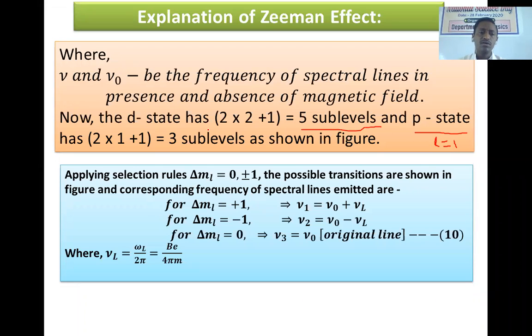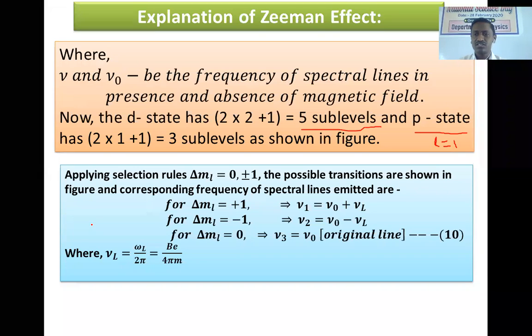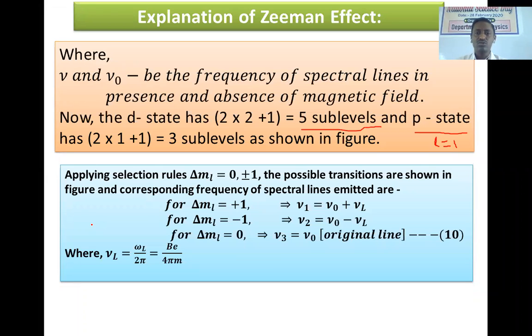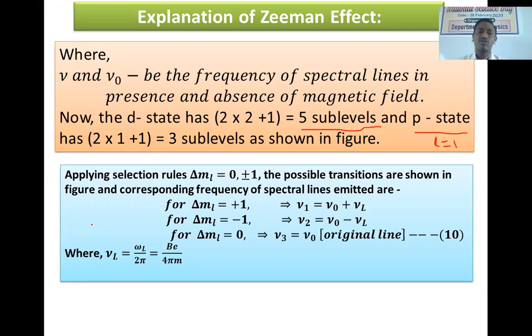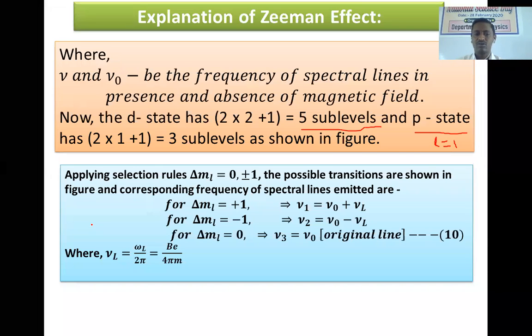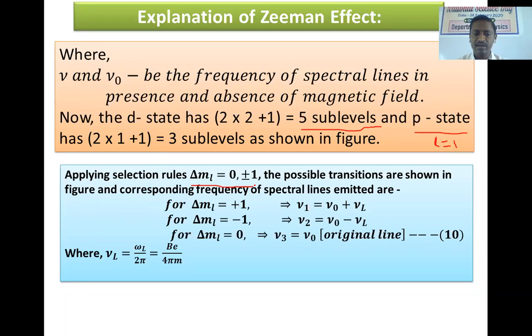Now applying the selection rules, because we know for any transition or for any spectral line there is a particular selection rule, and whenever a particular transition obeys that selection rule, then those spectral lines are visible, and all the other transitions and spectral lines are forbidden. The selection rule for the present case is delta ml equal to 0 or plus minus 1.